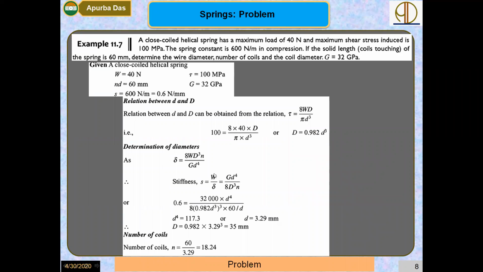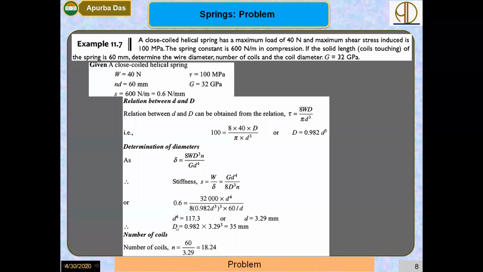So if we write W by delta, it becomes G d to the power 4 by 8 D cube N. So stiffness is given 0.6 Newton per millimeter. So we can write 0.6 is equal to this term. So from there we can write d to the power 4 is equal to 117.3, and if we solve in calculator we can write d is equal to 3.29 millimeter. So d is equal to 3.29 millimeter.